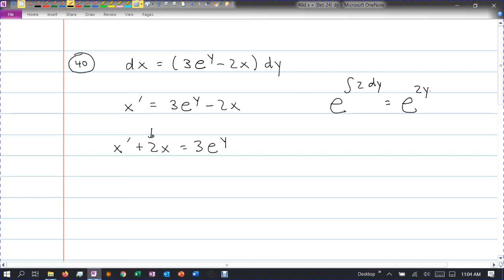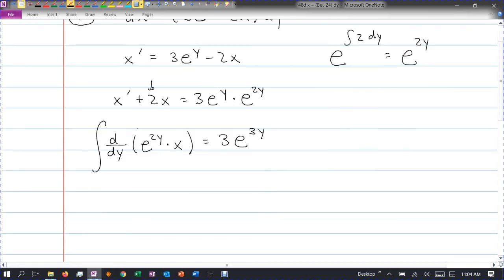That's our integrating factor. So we know the left is the derivative with respect to y of e to the 2y times x. And then the right-hand side is this times e to the 2y, which is 3e to the 3y. And then I integrate that with respect to y on both sides.